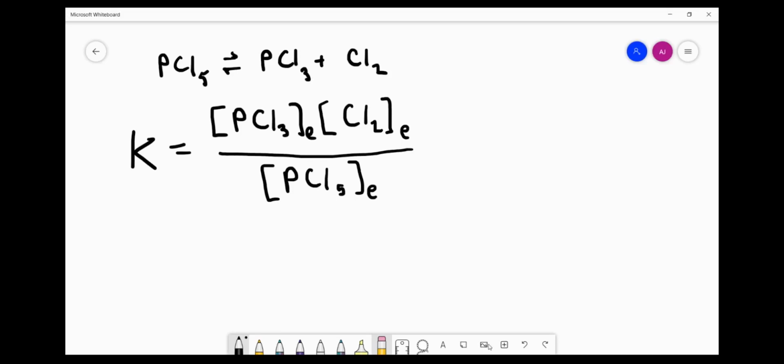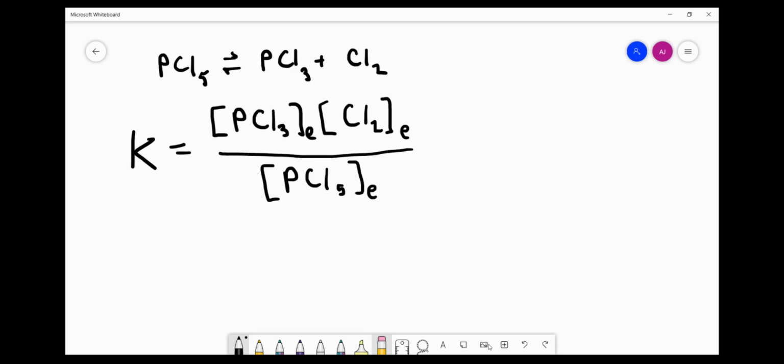Recall that the equilibrium law states that at equilibrium, the concentrations of the products raised to the power of the coefficients in the balanced chemical equation, divided by the product of the reactants raised to the power of the coefficients in the balanced chemical equation, is equal to a constant.